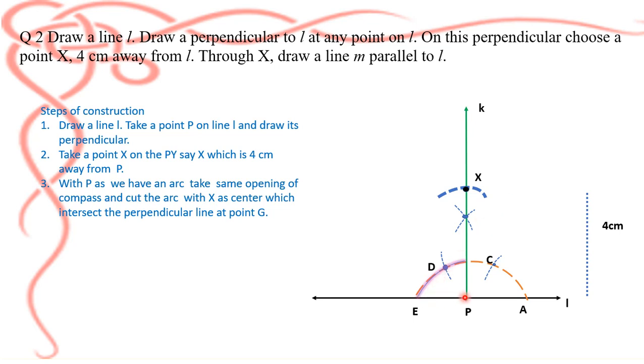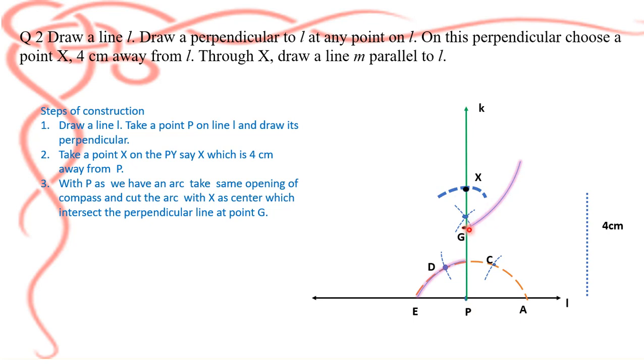So place the pointer for the opening of this semicircle. What was the opening of the semicircle? That same opening we have to take, place the pointer of the compass at point X, and cut an arc. Now this constructed arc intersects the perpendicular line at a point.